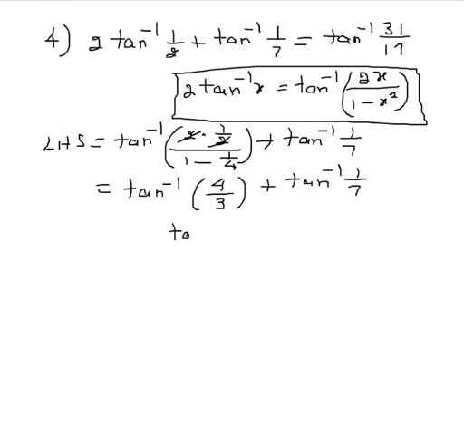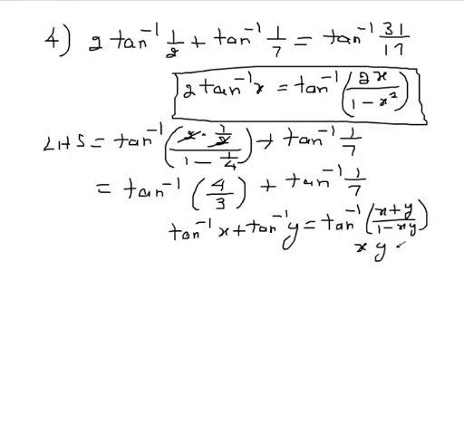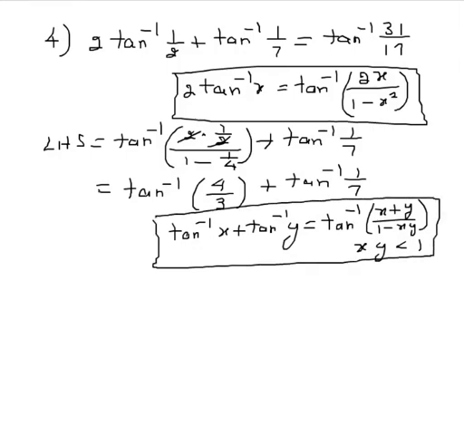Now next I am going to use the tan inverse of x plus tan inverse of y formula, which is tan inverse of x plus y divided by 1 minus xy, and the condition should be xy less than 1. Check whether the condition is satisfied. Our x is 4 by 3 and y is 1 by 7. Yes. Product is 4 by 21, which is less than 1.